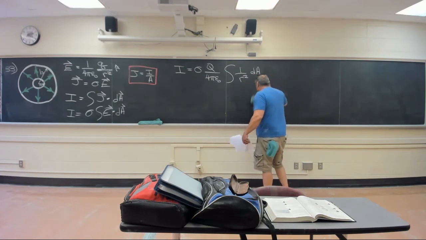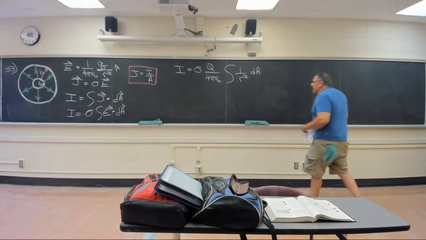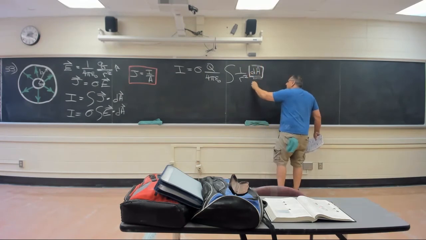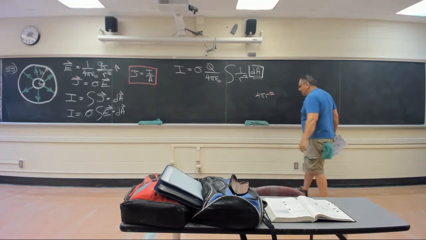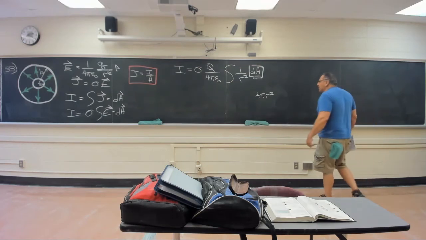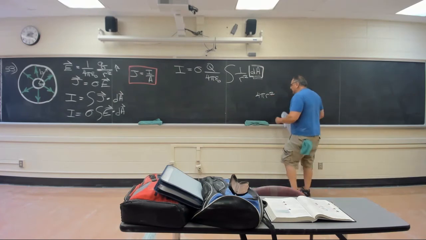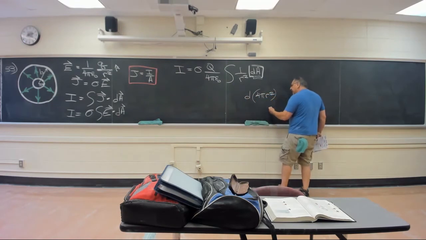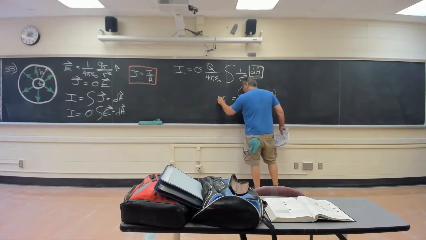It'd be a hard thing to decipher, but the bottom line is this: this dA is part of 4 pi r squared. It's a differential portion of it, and if you integrate all of it, you get back to 4 pi r squared.